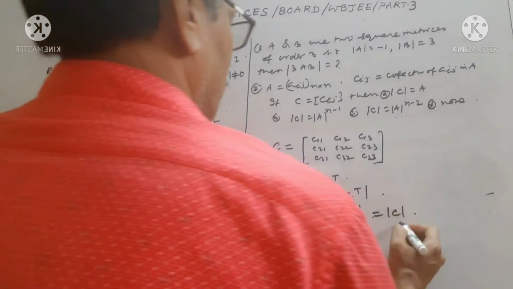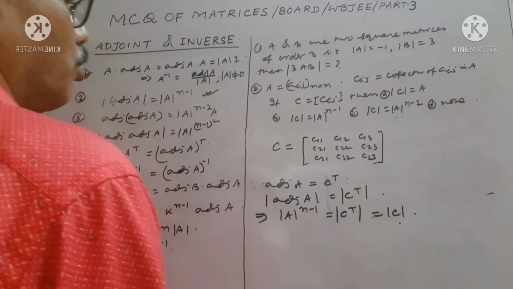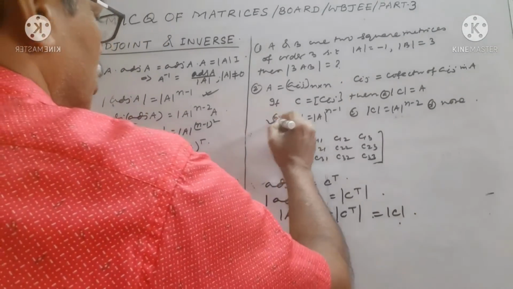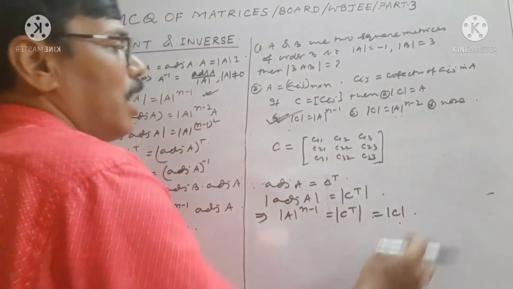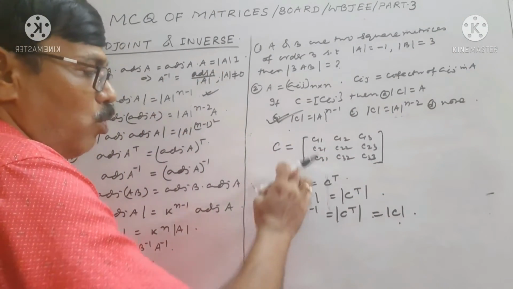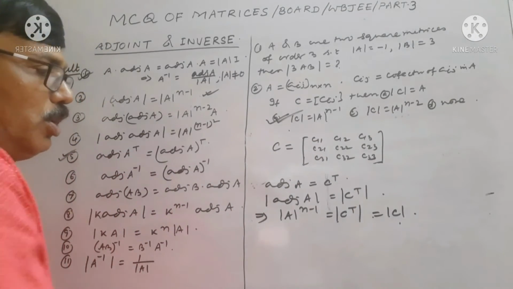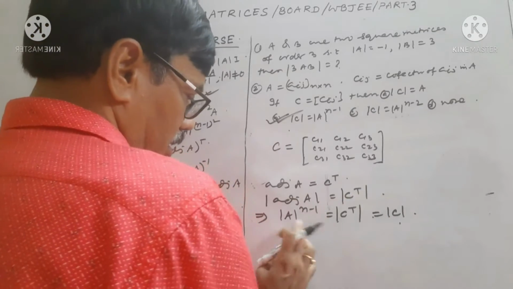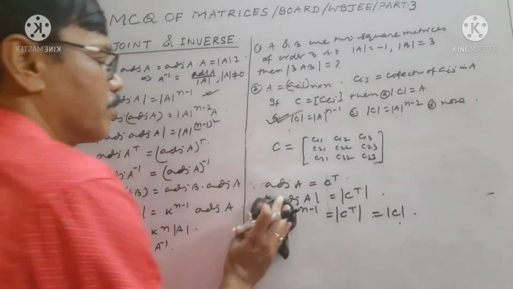So what is determinant C? Determinant A to the power n minus 1. So option C is the possible answer. Cij is the cofactor, and adjoint is the transpose of the cofactor matrix. So taking determinant, this is a well known result, C transpose equals C.